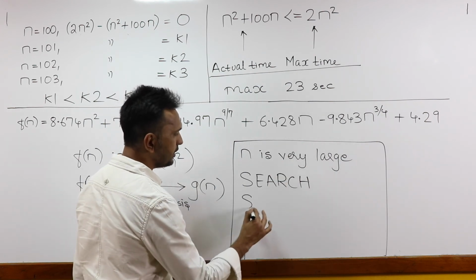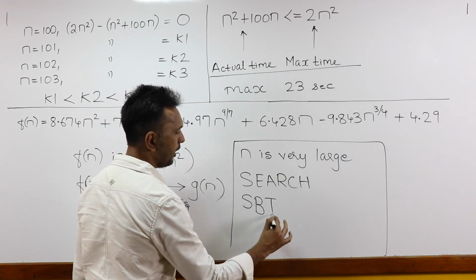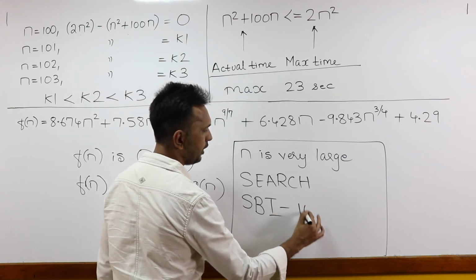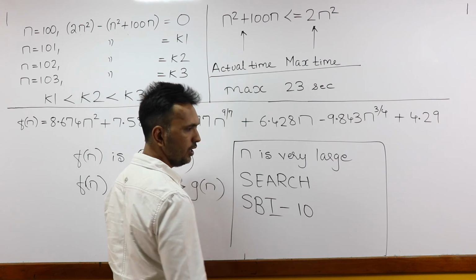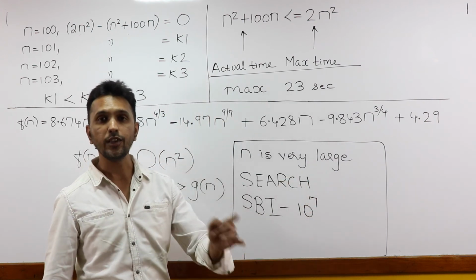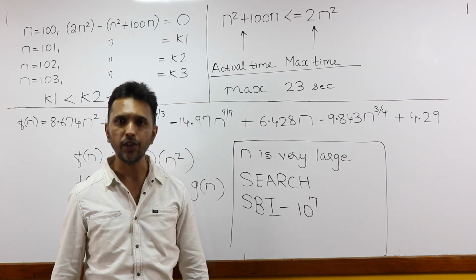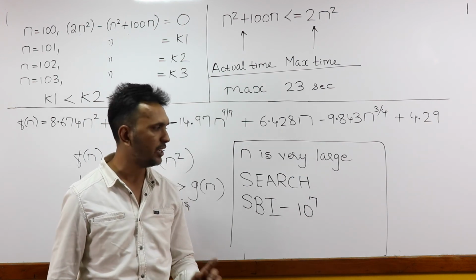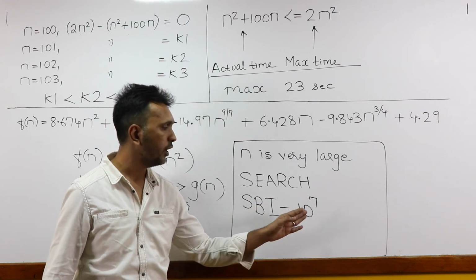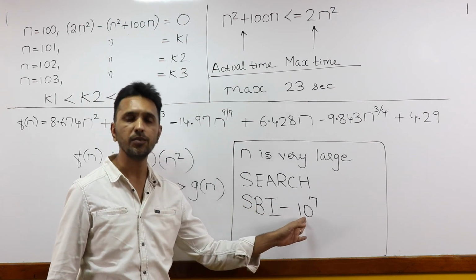Now, if you take example of a popular bank like SBI, this bank will definitely have 10 lakh customers, 10 raised to 6, 10 raised to 7 customers. So that means what the ATM machine is doing, the ATM machine is comparing your details with the details of 10 raised to 7 customers.